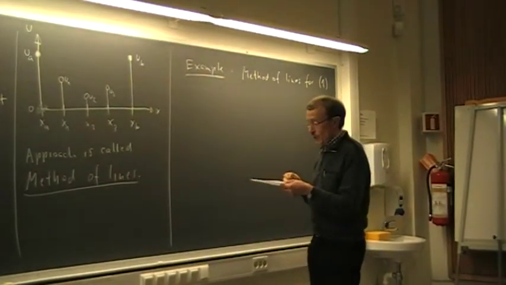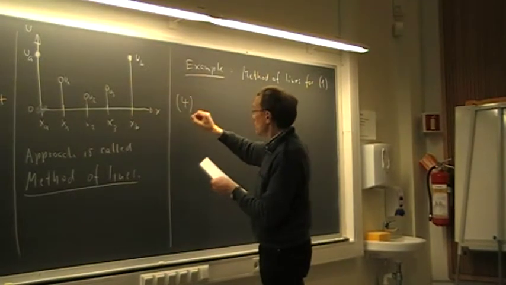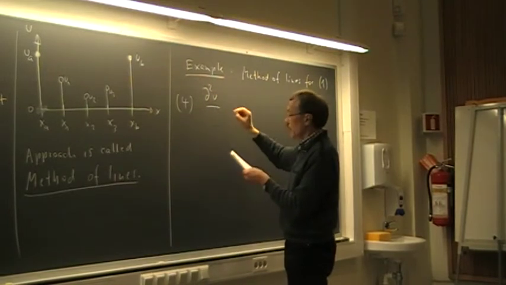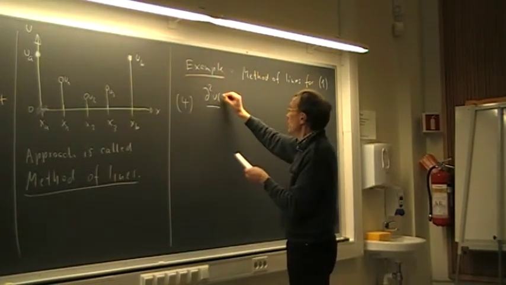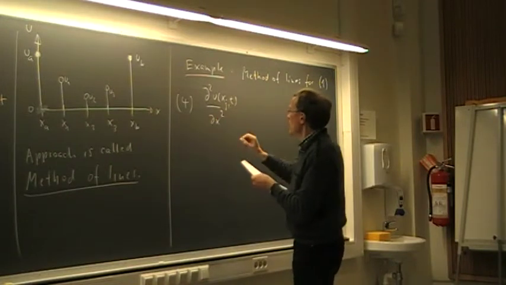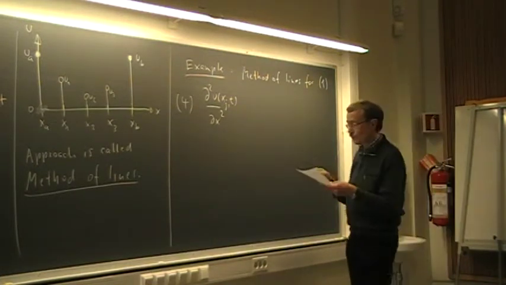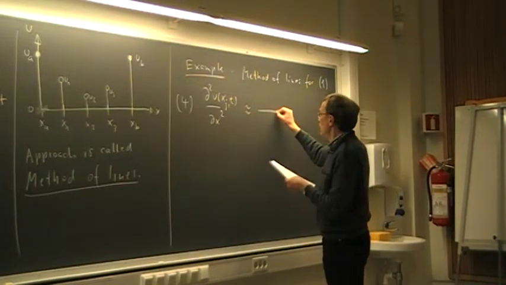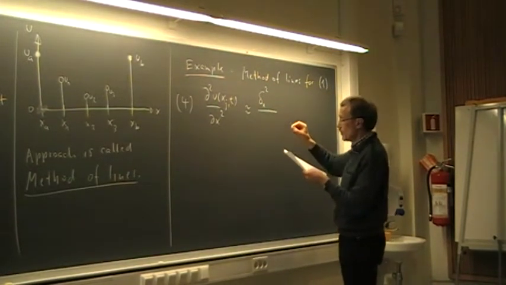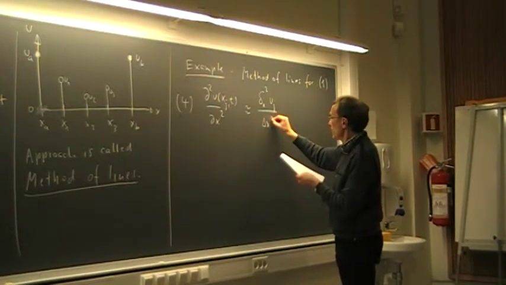So what we do is we first approximate, in our equation 4, the second derivative. Now we have a partial derivative with respect to x, at xj, and we have the time dependence. So that is then approximated by the second difference operator, which is delta x squared uj, divided by delta x squared.